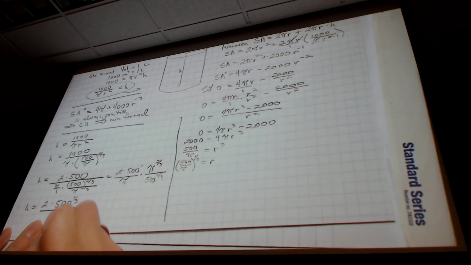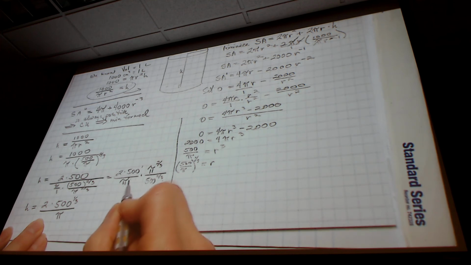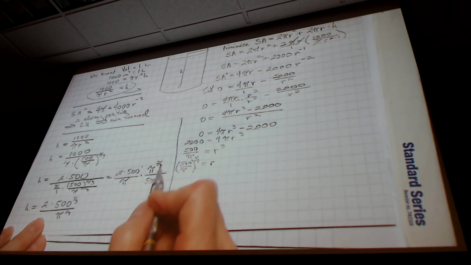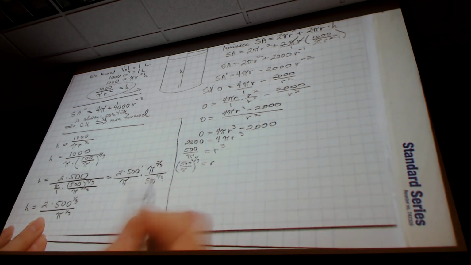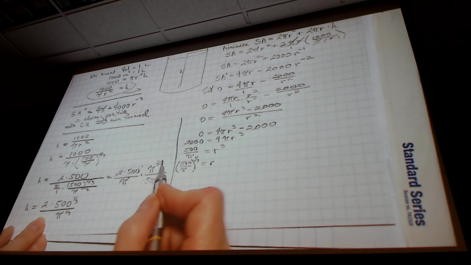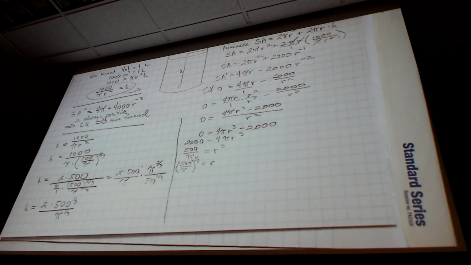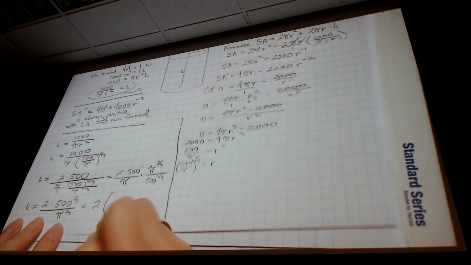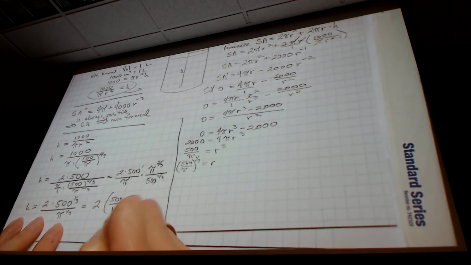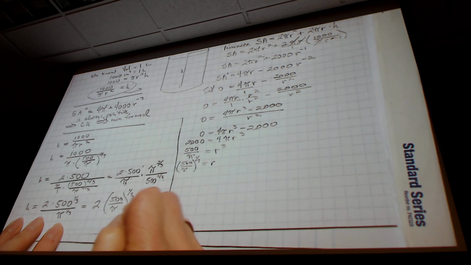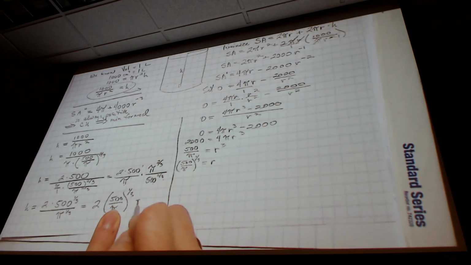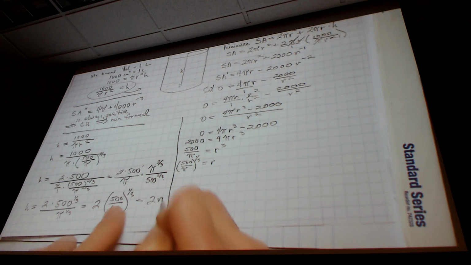So in the denominator, it would be pi to the 1 minus 2/3, 1/3. 2/3 minus 1, well, that'd be negative 1/3, but then it'd be in the numerator, so I'm putting it in the denominator. But look at this. That's 2 times 500 over pi to the 1/3. Ta-da! That is 2r.